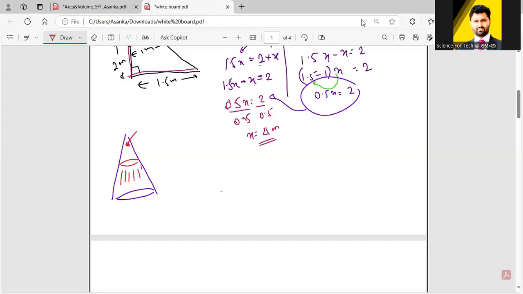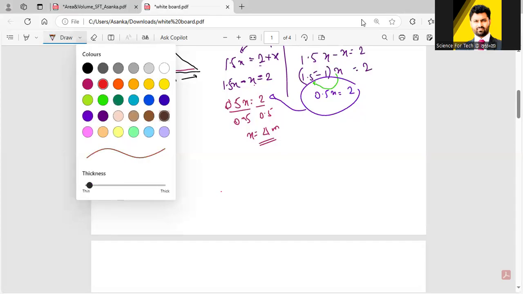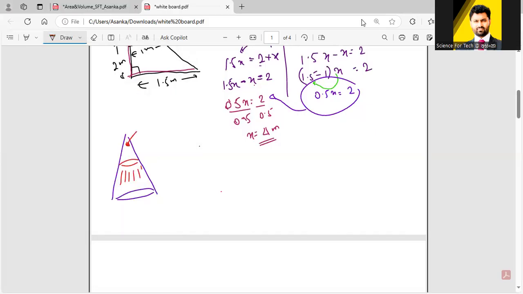There's only one method: I have to find the total volume of this big cone and subtract the volume of this small cone. The whole one is the big cone.